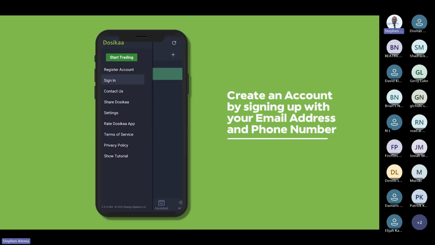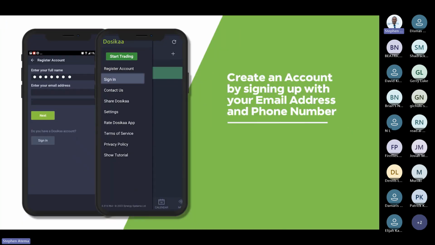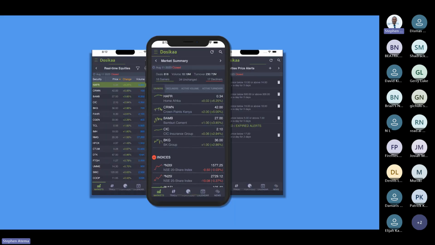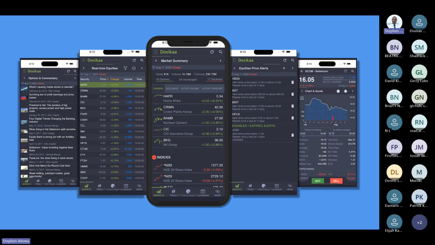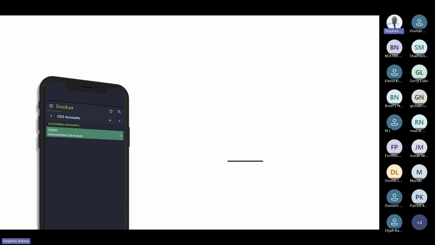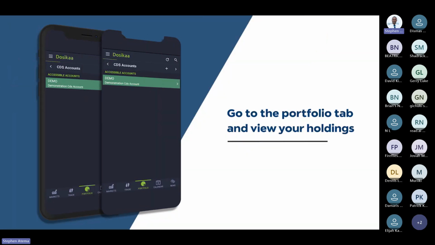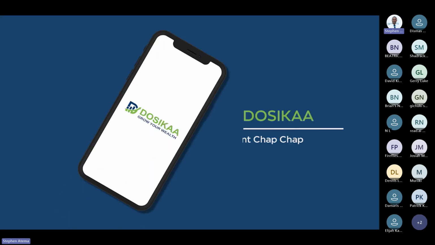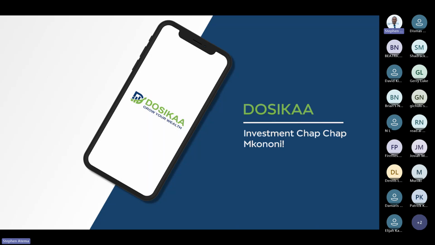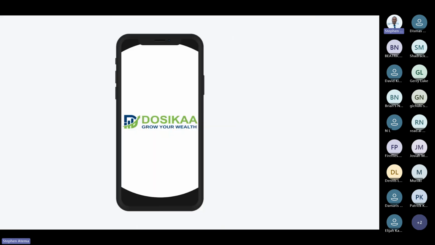Create a Dosika account by signing up with your email address and phone number. Once you've signed in and linked your account, you are all set to start adding securities to your watch list or portfolio. To track the performance of your portfolio, go to the Portfolio tab and view your holdings. Dosika ni investment chap mkononi. Dosika, grow your wealth.